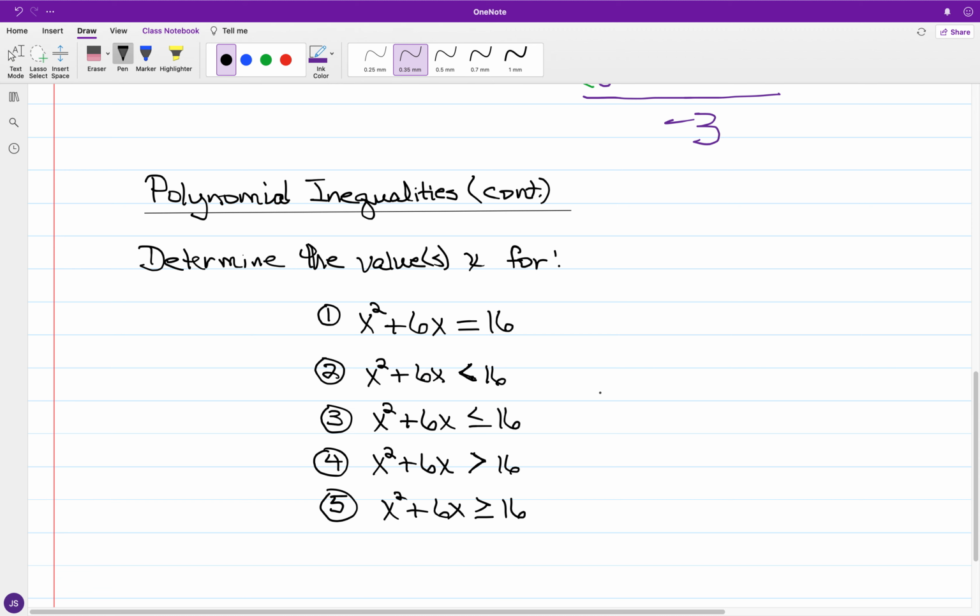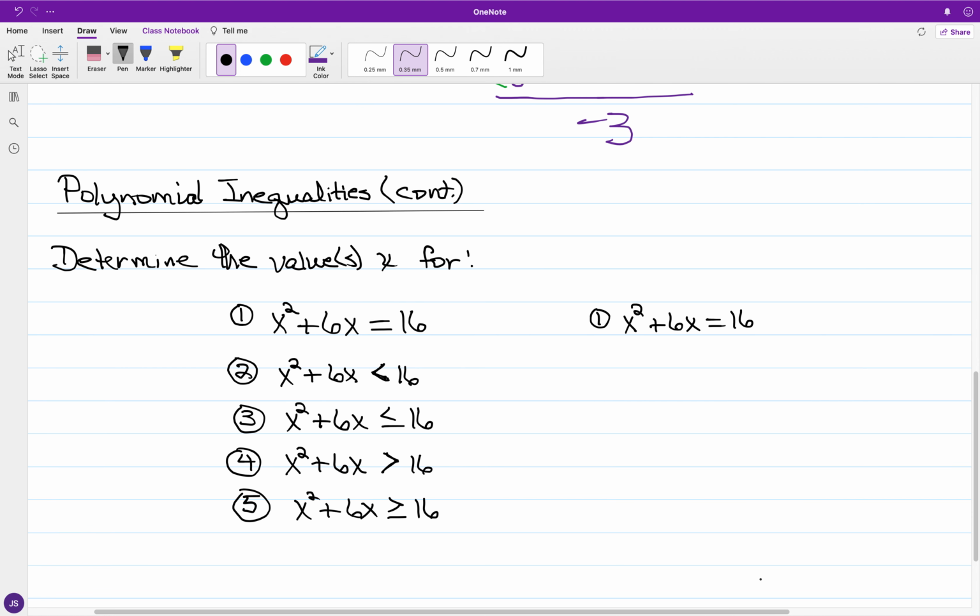Okay, first of all, on the side of the equation, we have x squared plus 6x is equal to 16. I have a quadratic equation, and this is not given in standard form since it is not set to 0.